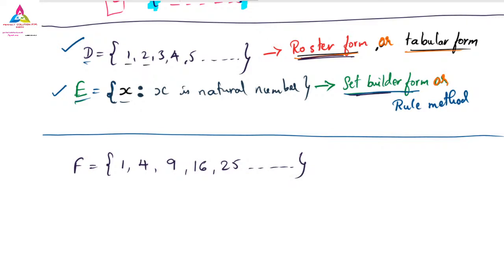How can you convert this? First you must identify which method it is, because here I have given two different methods, the roster form and the set builder form. After identifying, convert it into the other method. For f equals 1, 4, 9, 16, 25, which method is this, roster form or set builder?